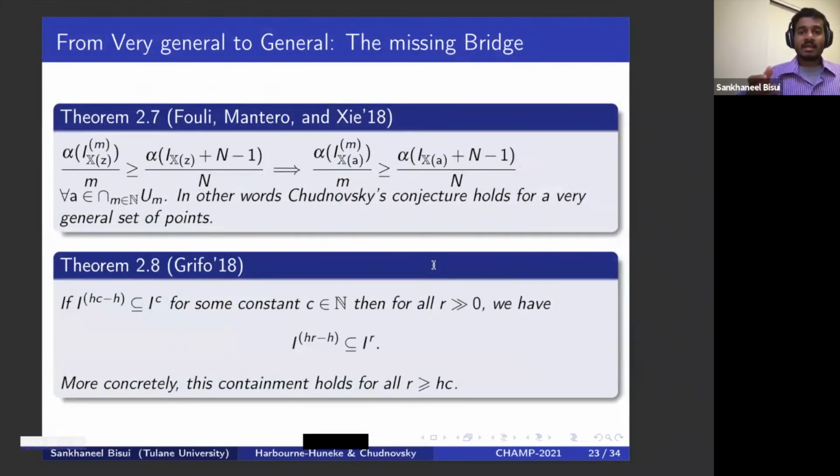Now, I'm going to state how the result about very general points has been proved.